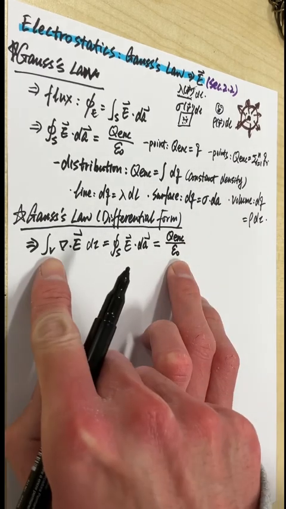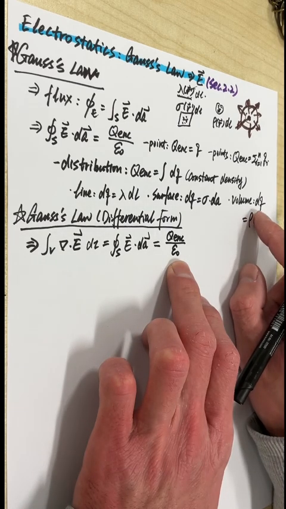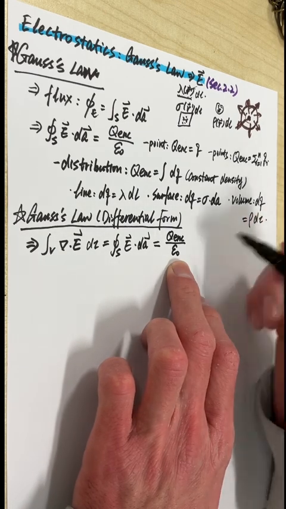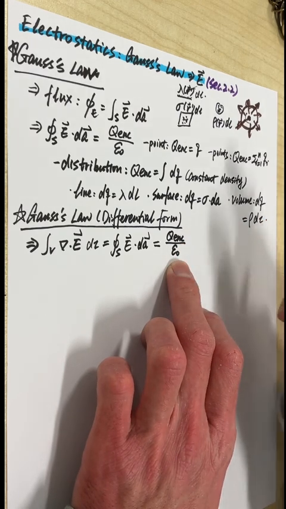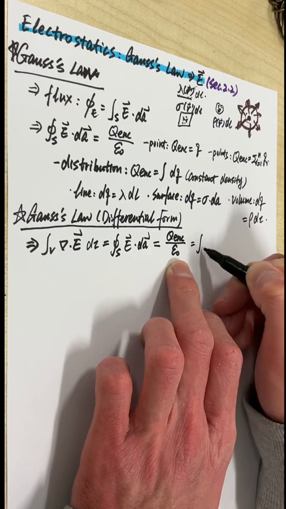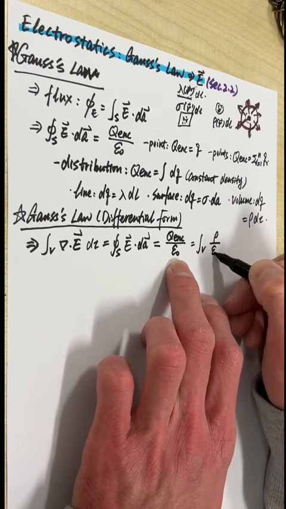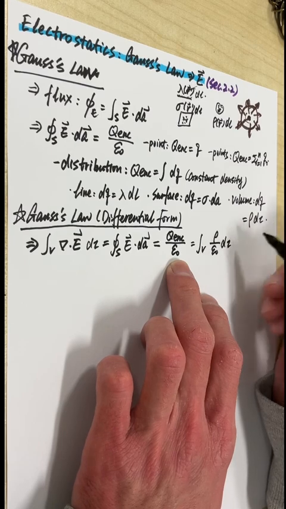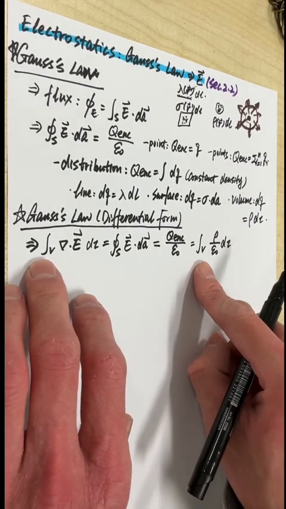And now here we have the volume integral, so we care about the volume density. If we extend this based on volume density, what we have is a volume integral as well, of rho divided by epsilon 0 d tau. So here we have the same volume integral.